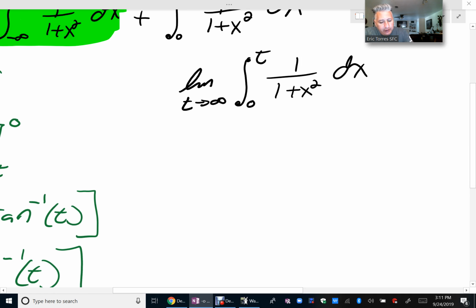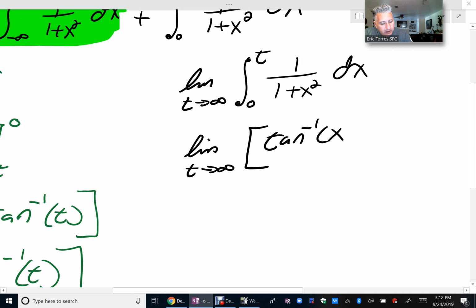Once again, the antiderivative of this is the arctangent of x, sorry, getting ahead of myself. Arctangent of x from 0 to t.